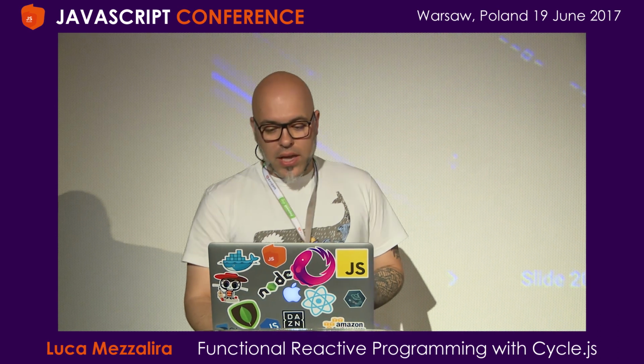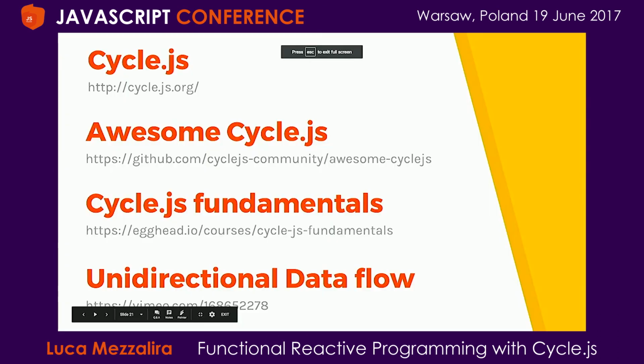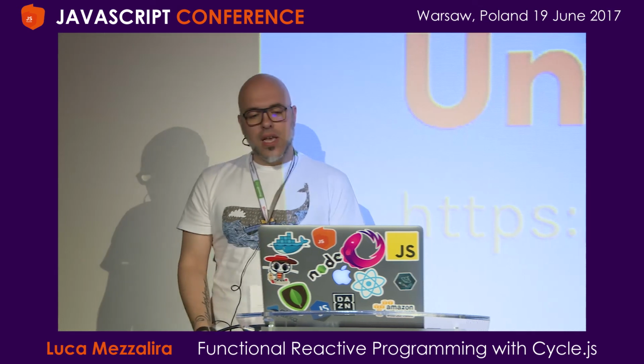The last thing that I would like to say is I grabbed a few interesting resources for you. Cycle.js is the first one, where you can find the framework. Awesome Cycle is a list on GitHub where you can find tons of useful resources to start with. Cycle.js Fundamentals is an old video course on Egghead, but there is a lot of good insight on how Cycle was conceived at the beginning.